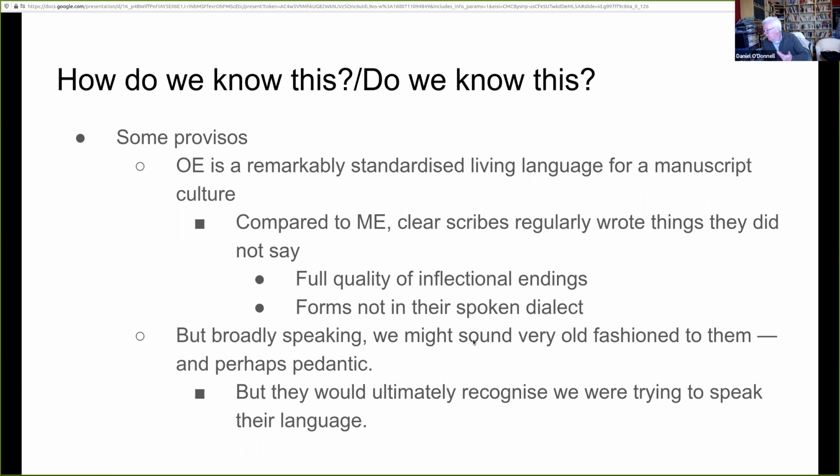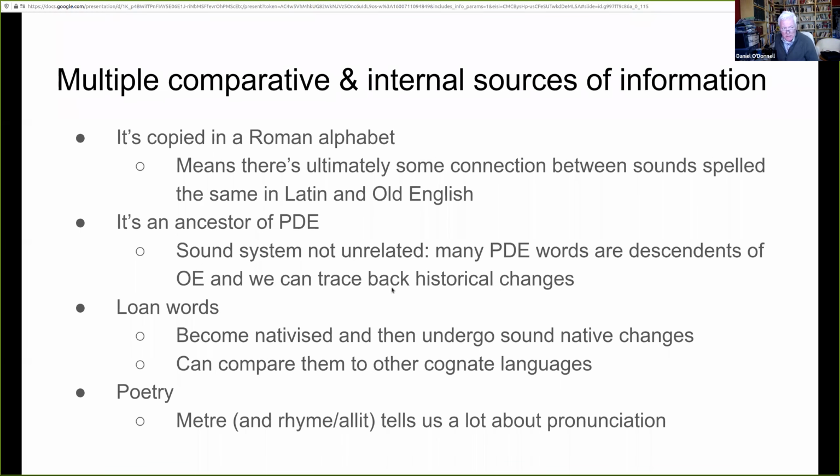If they didn't know that we don't say the K anymore, or that the H is gone, if they just tried to sound it out, they'd probably sound a bit funny to us, because their writing system is also more archaic than what they're speaking. But on the whole, I think they probably recognized that we were speaking their language really badly.